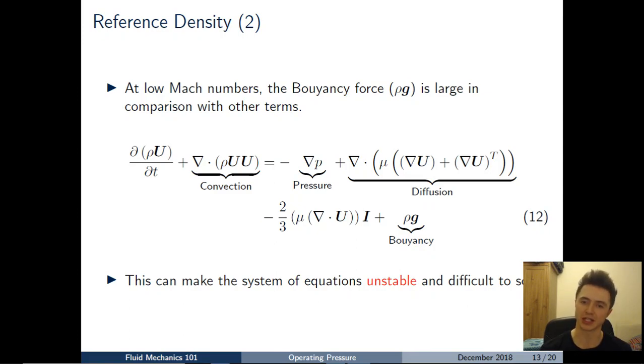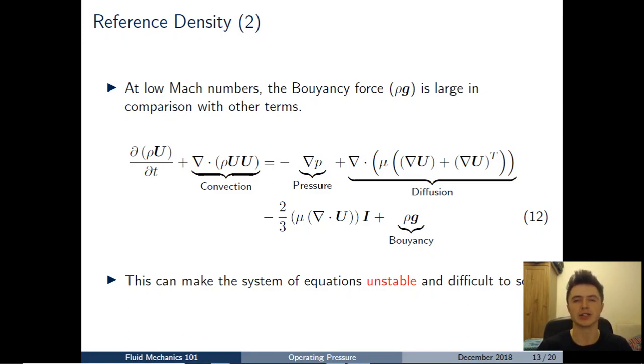That's because the velocities are low and the pressure changes are very low and the density changes are low as well. So that buoyancy term tends to dominate the flow. And it means that small changes in the buoyancy force have a significant effect on the overall flow field. And what that means in practice is that often buoyancy-driven flows can be quite unstable and difficult to solve.